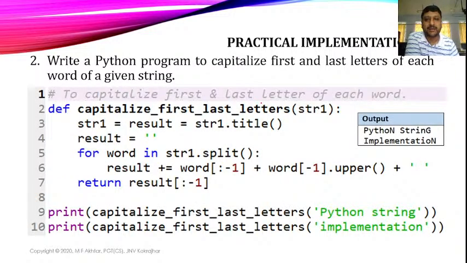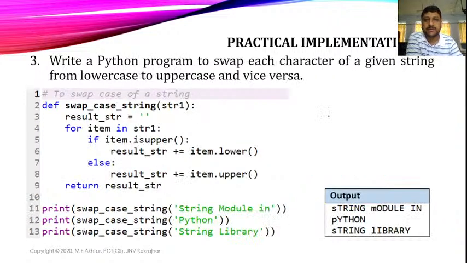Then we are writing a function to capitalize the first and last letter of each word of a string. Similarly, we are converting uppercase letters to lowercase and lowercase letters to uppercase and vice versa. We have written the function.